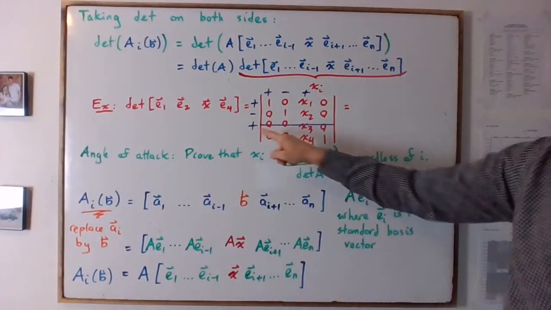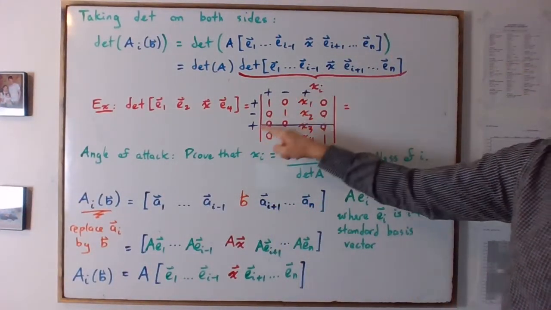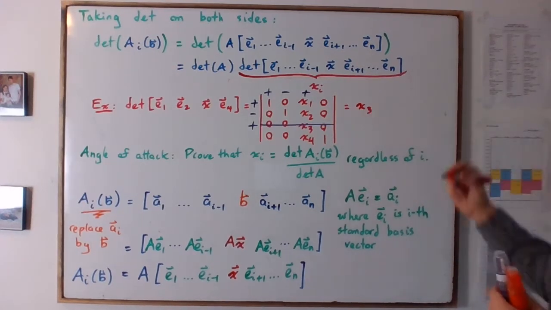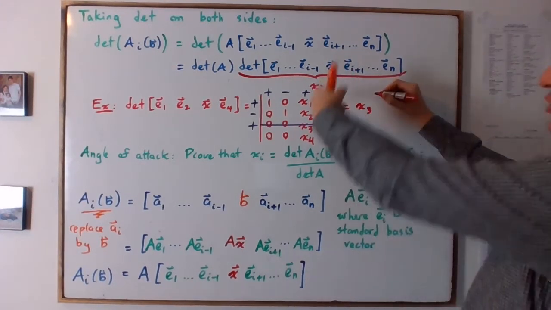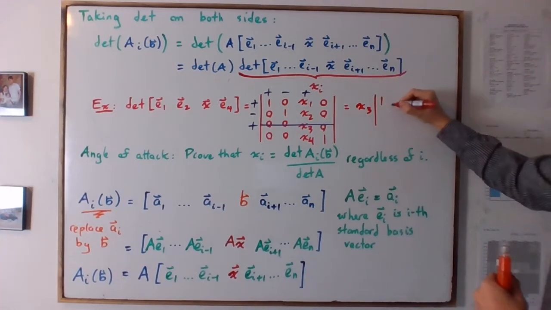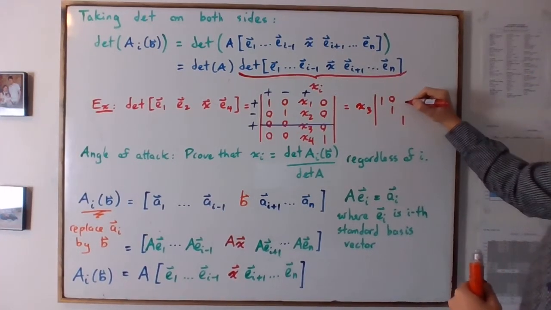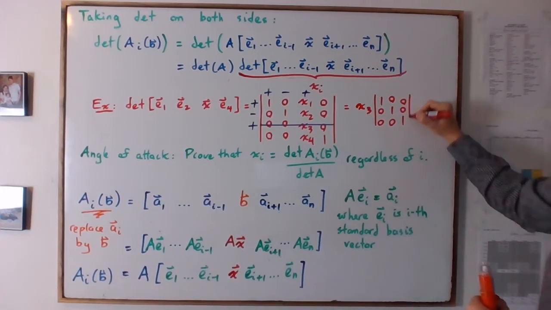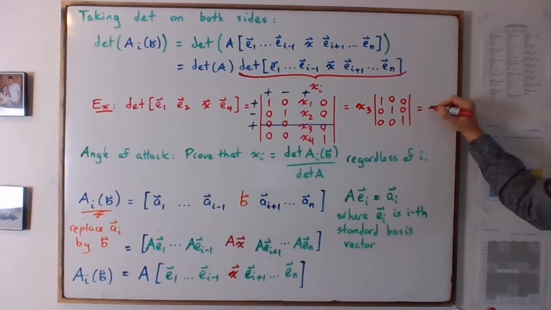What are you going to get? You're going to get x3 times the determinant, as you cross out the column, of the matrix 1, 1, 1, 0, 0, and 0, 0, 0, 1, like this. So in other words, you're getting x3.